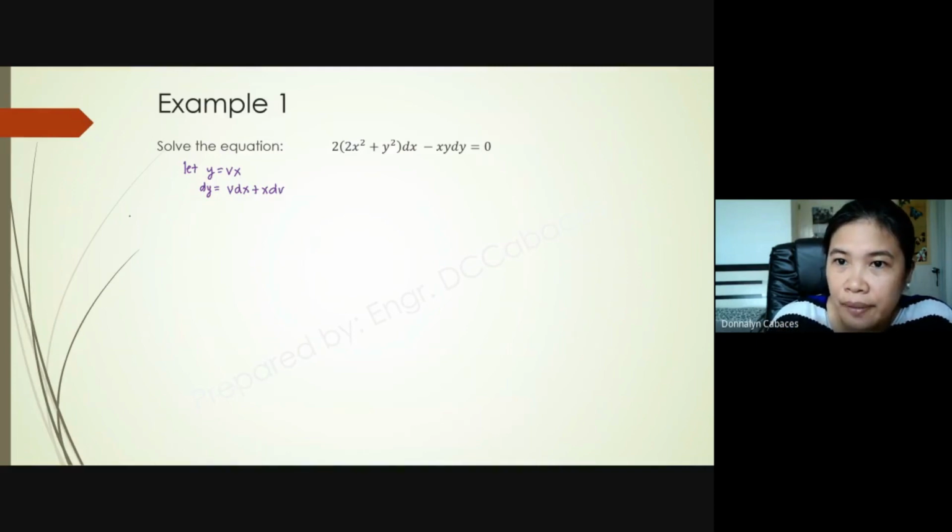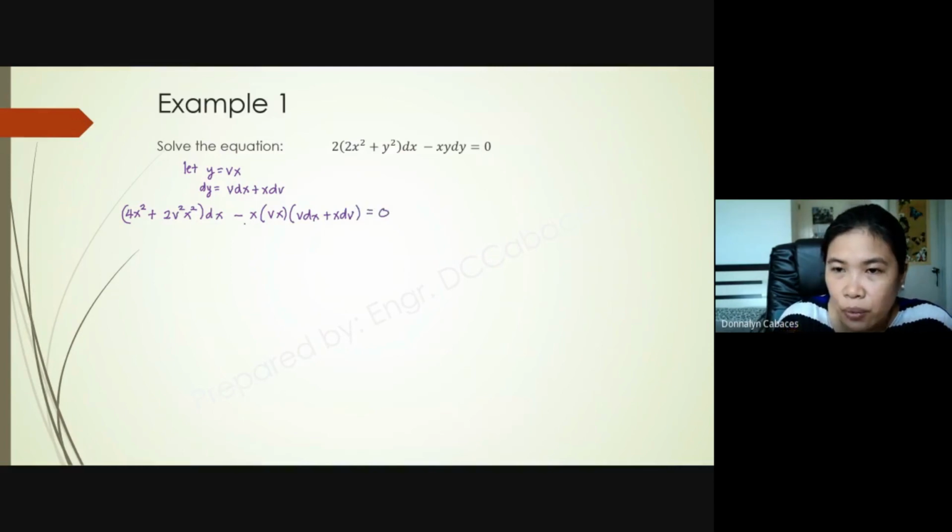So you have there 4x² plus 2y², but our y is vx, so that is now equal to 2v²x², dx, minus x. Our y is vx and our dy now is v dx plus x dv, equal to 0.